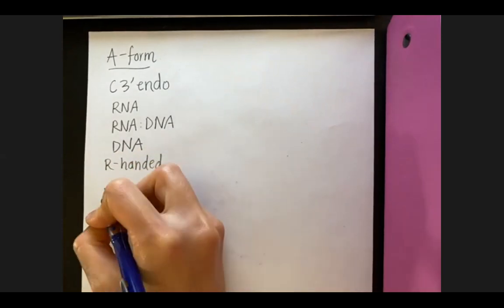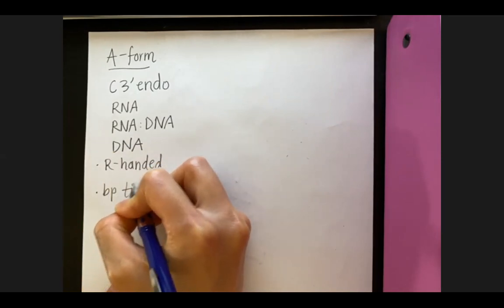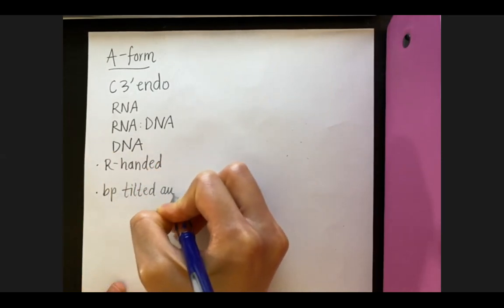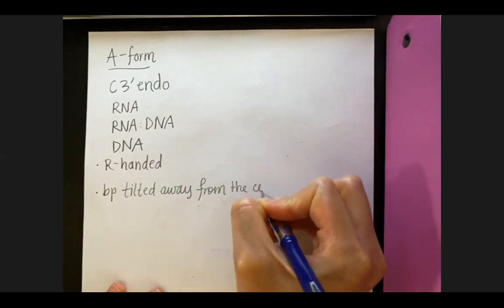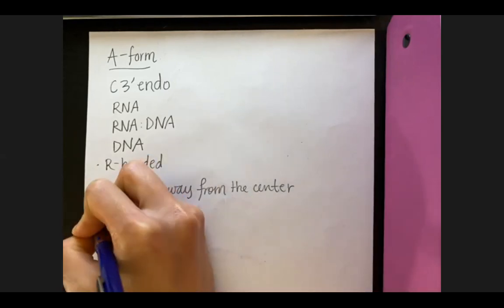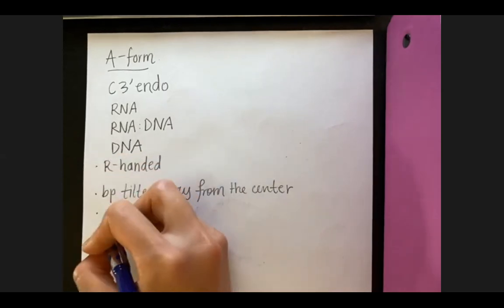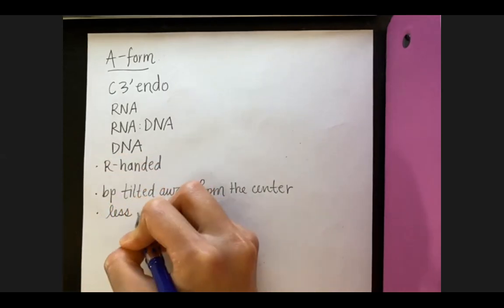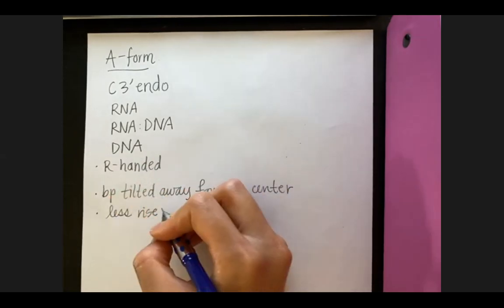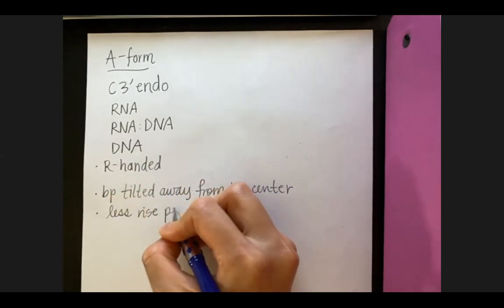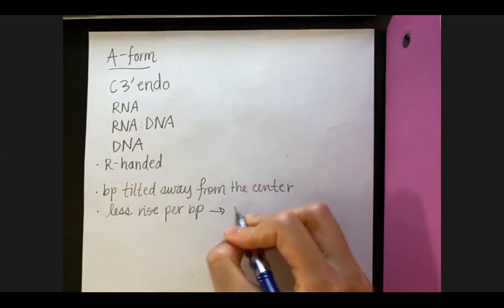but there are a few differences, like the base pairs are tilted away from the center. Also in A-form DNA, there's less rise per base pair. So it's not going to be the 34 angstrom rise like in B-form DNA. And so that means there's going to be closer base stacking.